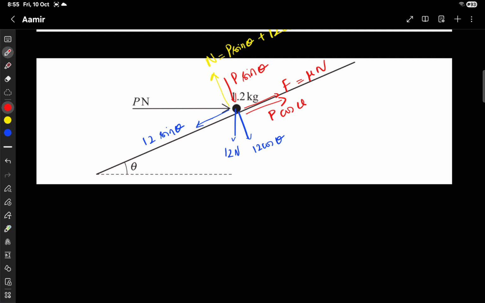First, we'll calculate N, which is equal to P sine theta plus 12 cos theta.